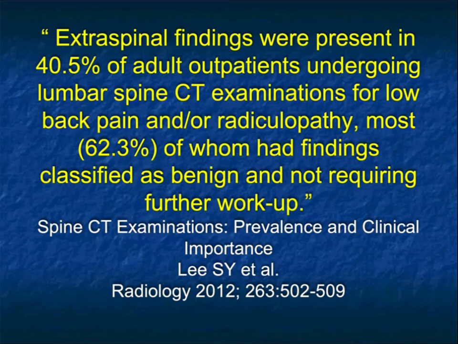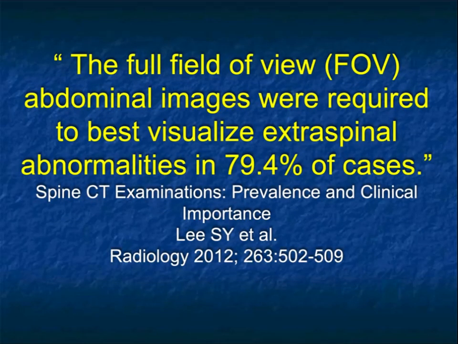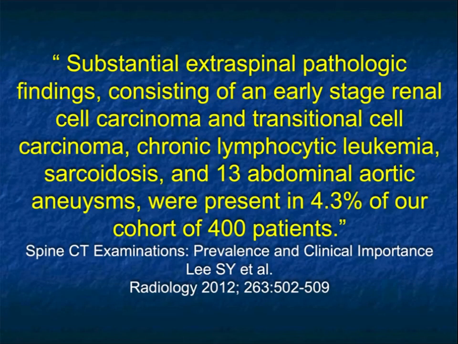Okay, so 2/3 were benign, but in the other third, they were important findings, and the full field of view images were required to best visualize extraspinal findings in nearly 80% of cases, which meant if you did not look at the full field of view, you would have missed things, ranging from renal cell carcinomas to TCCs to CLL to sarcoid to abdominal aortic aneurysms.